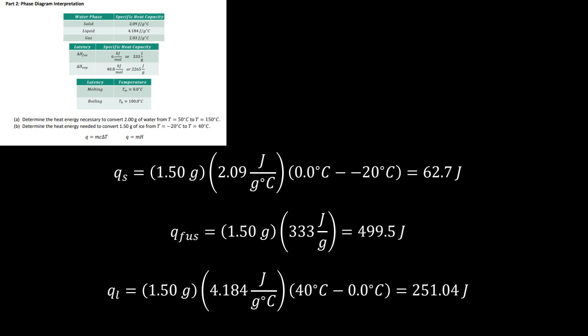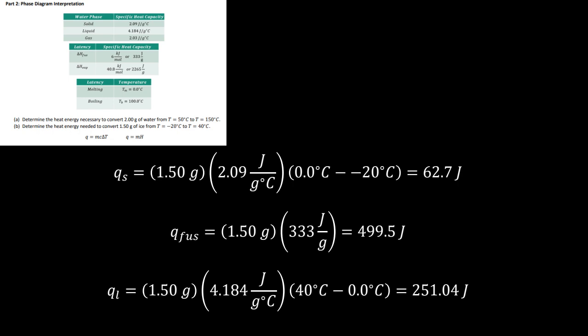And then lastly, we'll get to our temperature range for the liquid phase. Do not put 100 minus 0 since we're not ending at 100. Instead, for the liquid phase we take 1.5 grams times the specific heat capacity of liquid water, 4.184 joules per gram degree Celsius, times the temperature range.